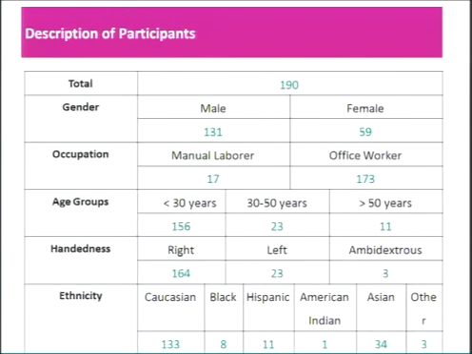Just a description of the participants. There were a total of 190, and the male and female breakdown wasn't equal: 131 subjects were male, 59 were female. Since data collection happened here on Purdue campus, you can expect most of the participants to be under the age of 30 years, which was what was noticed, and predominantly everyone was right-handed.